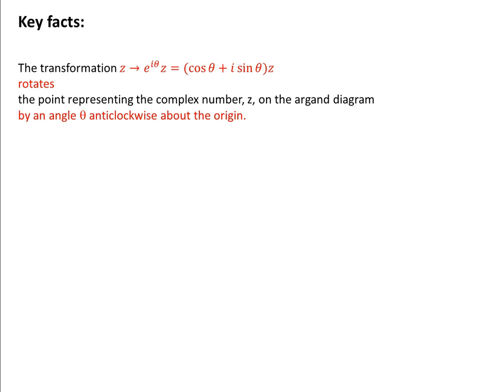There are some results about transformations that we need to recall. These again you may well have met in Further Maths 1. If we have the transformation z goes to cos theta plus i sine theta times z, or if you like z goes to e to the i theta times z, then that gives us a rotation around the origin of an angle of theta anticlockwise.